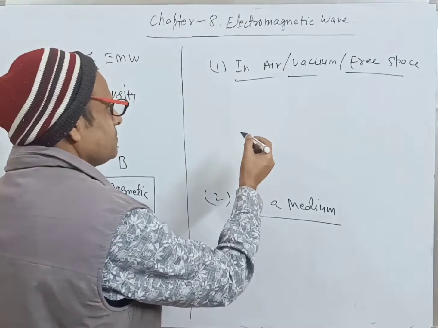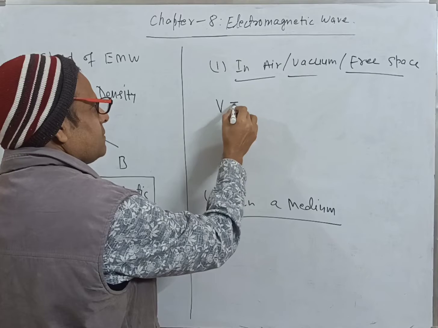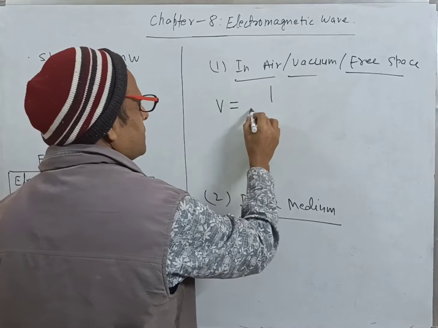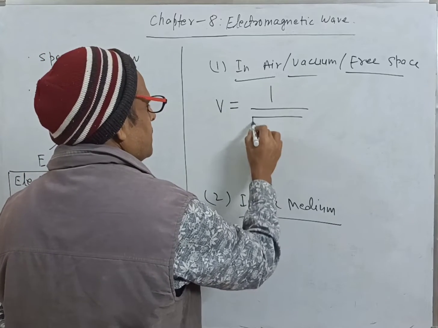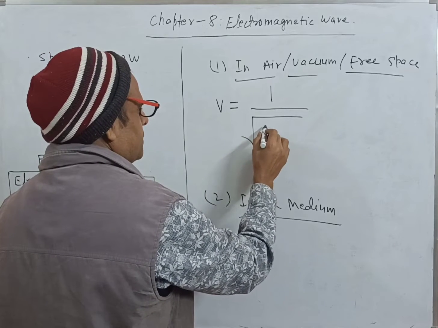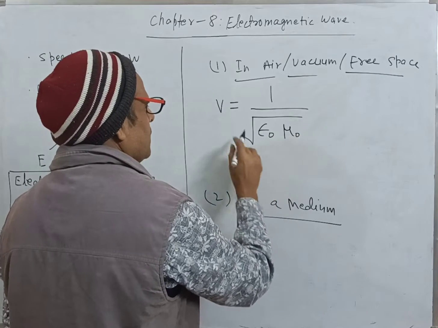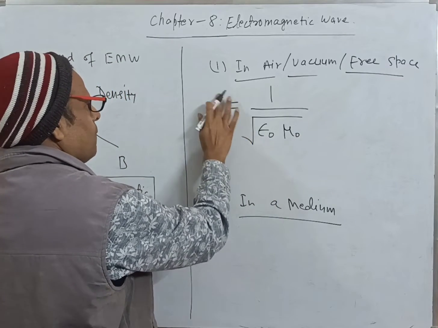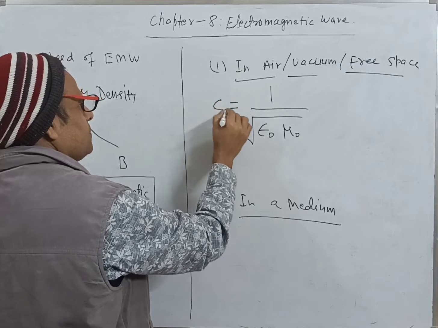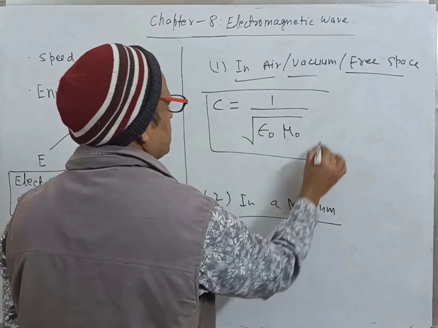That means the velocity in this case was derived like 1 over the square root of epsilon naught mu naught, and this value is equal to the speed of light, c.